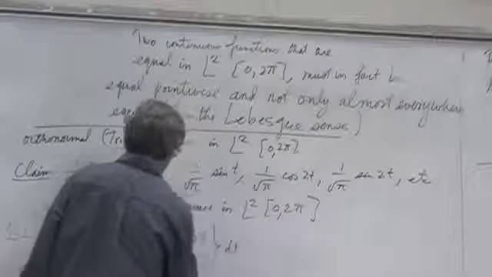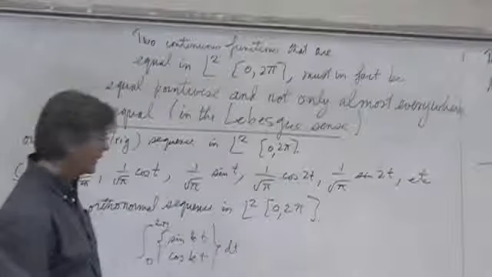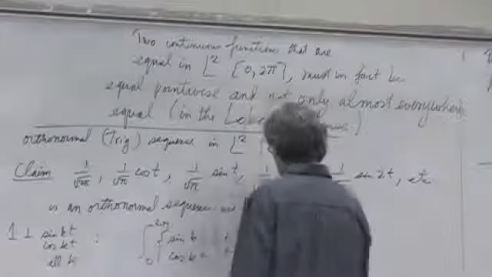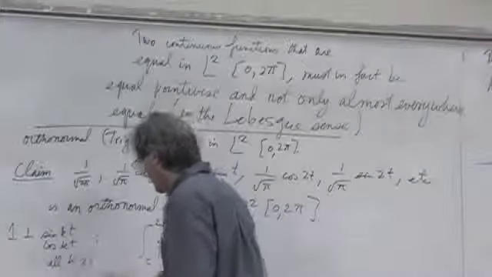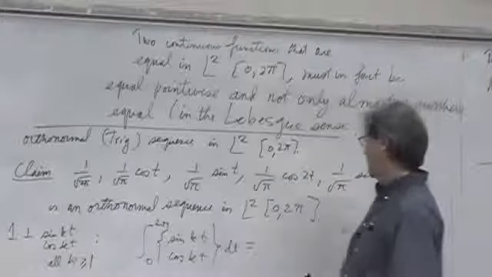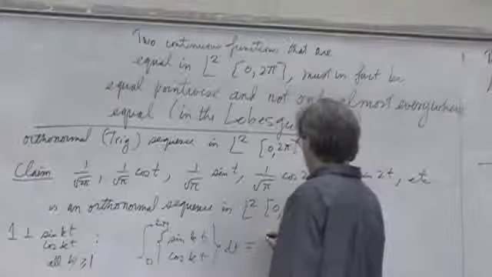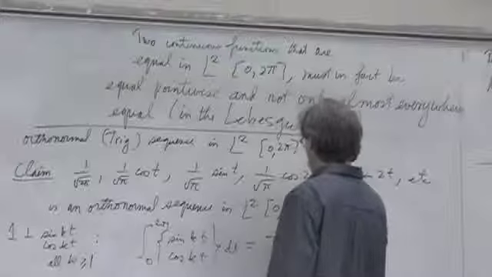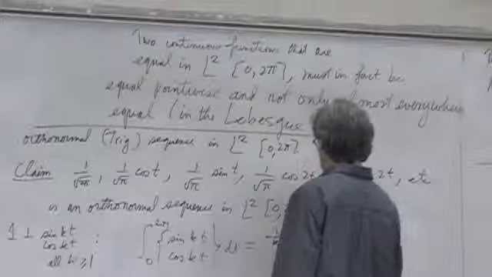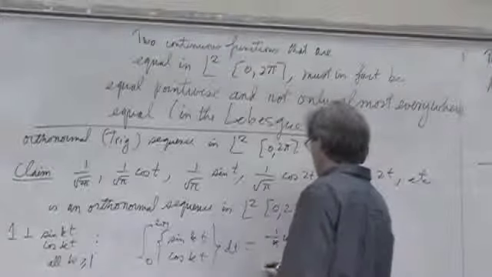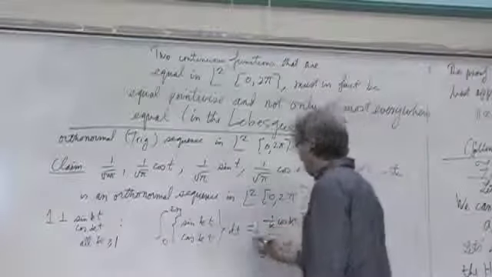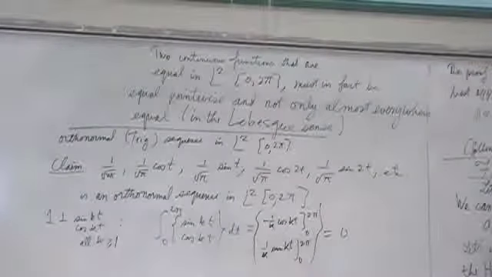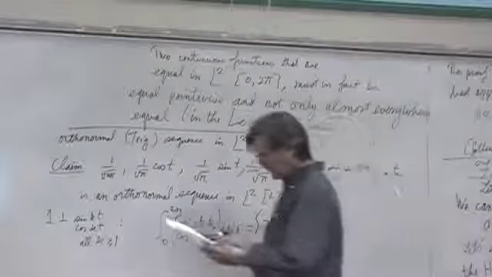And you get, let's see, k is not equal to 0, all k greater than or equal to 1. Then you have minus 1 over k cosine kt, 0 to 2 pi, and you also have 1 over k sine kt, 0 to 2 pi, and those are 0. Okay. So the constants are orthogonal to those. Then you have to show something else.